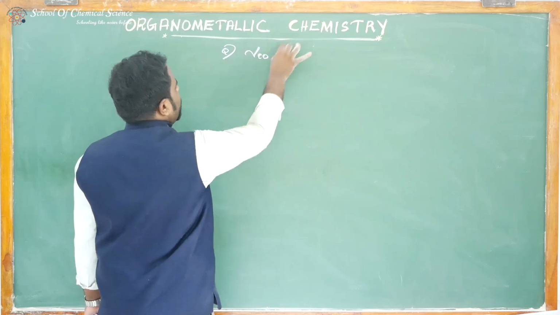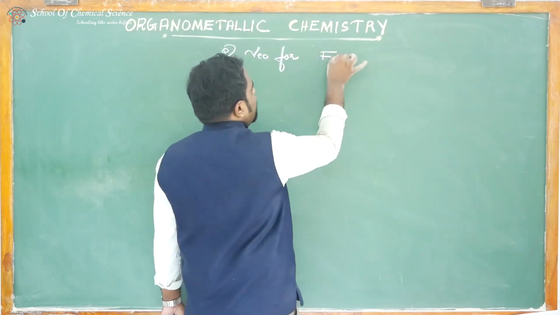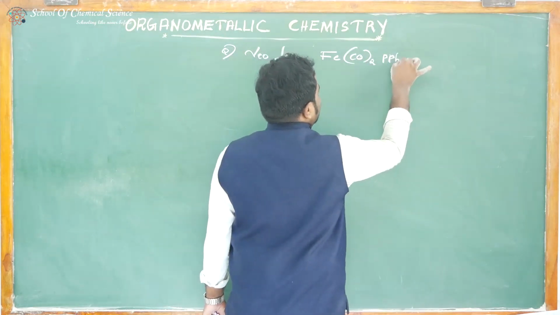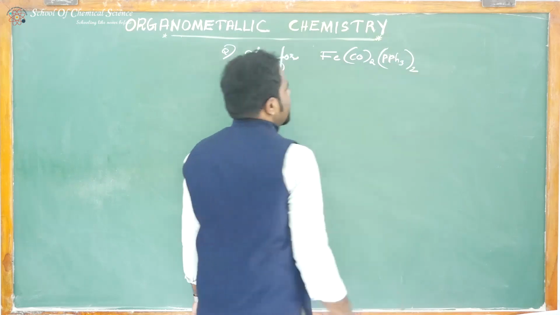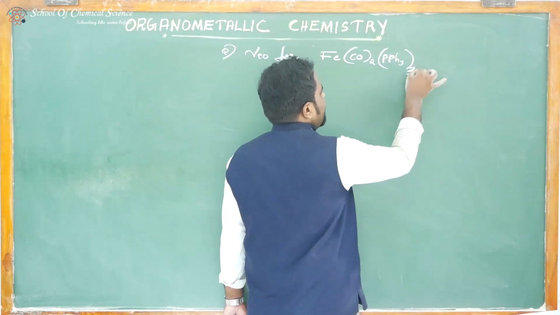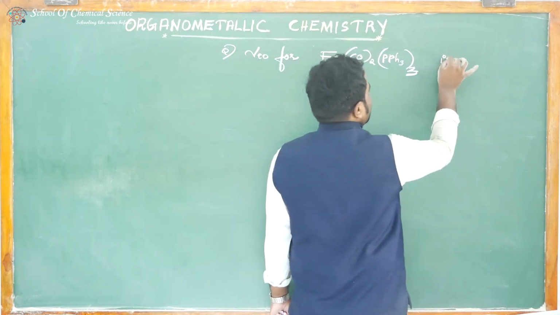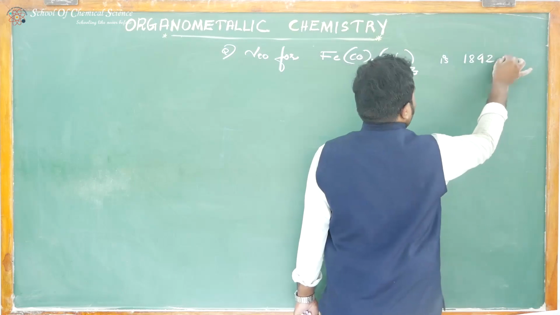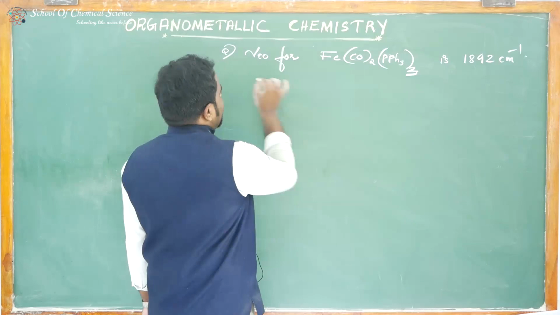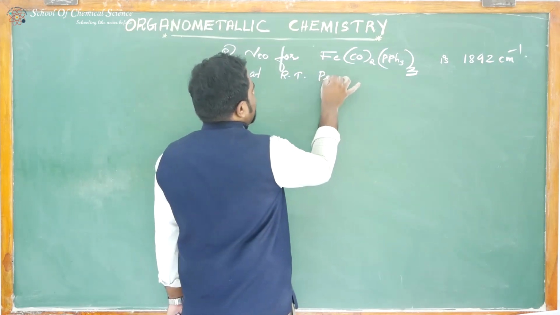Fe(CO)2(PPh3)3. So this is a TBP molecule. It shows an IR band at 1892 centimeter inverse at room temperature, RT means room temperature.